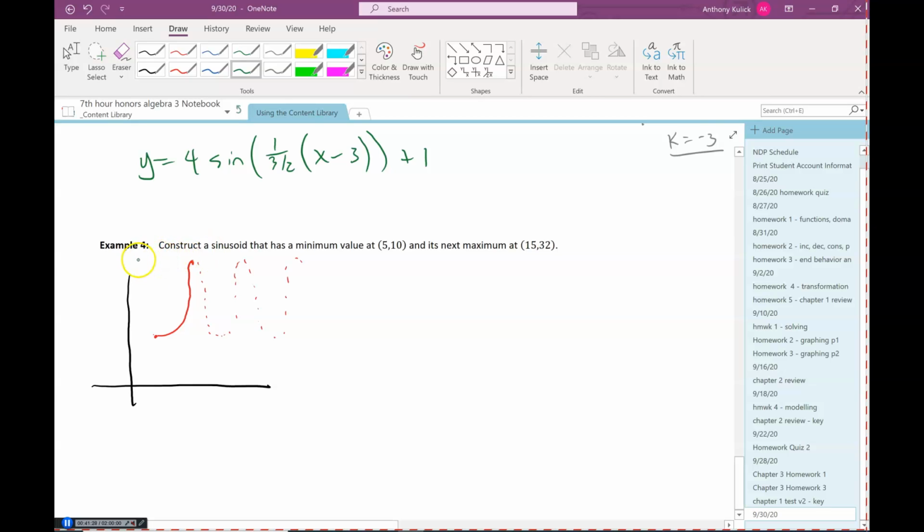The amplitude is just this distance. So 32 minus 10 divided by 2. That's 11. So A is then 11 or negative 11. Is everybody okay with that?